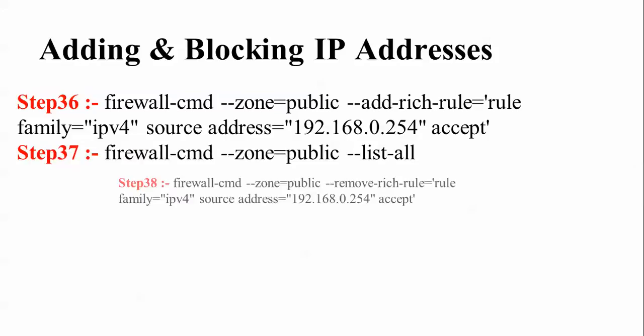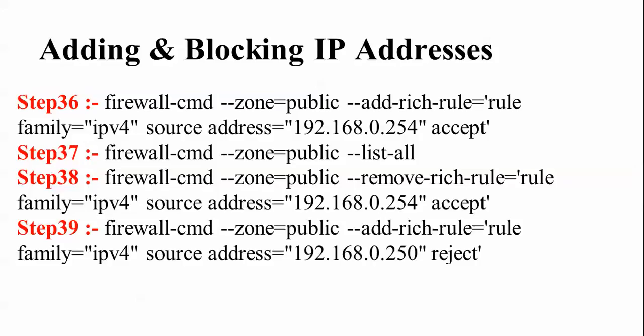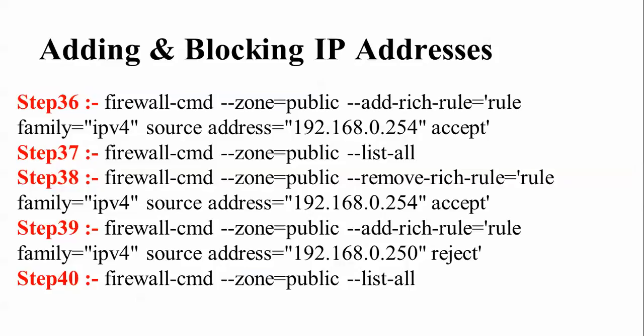After this you can list all, then you can remove these rules which you assigned in your LAN, local area network, or WAN also. After that you can also reject whichever source comes from this IP address. So this is the method, and we can view the list of all these sources in zone public.